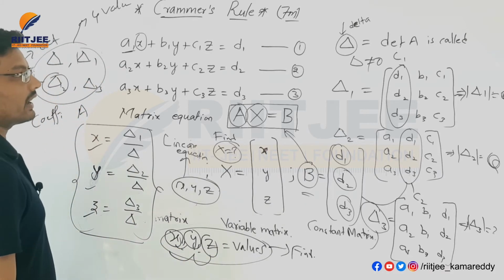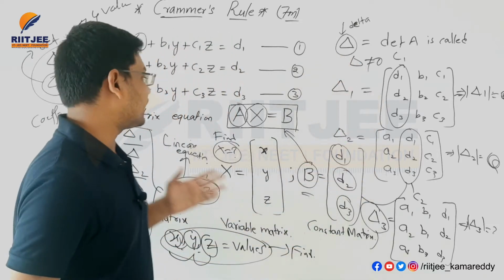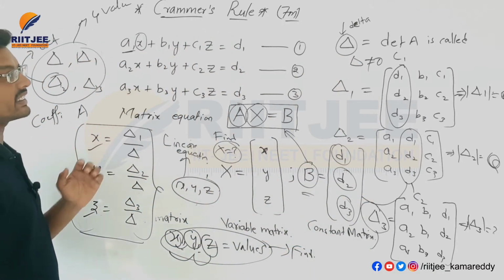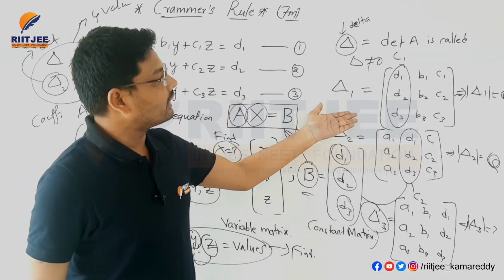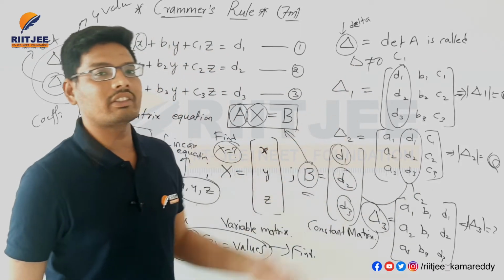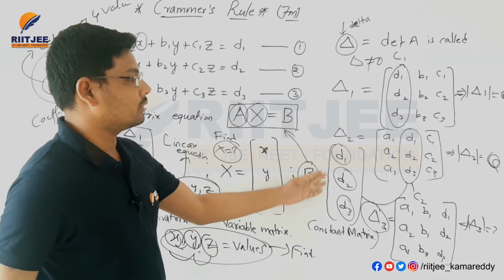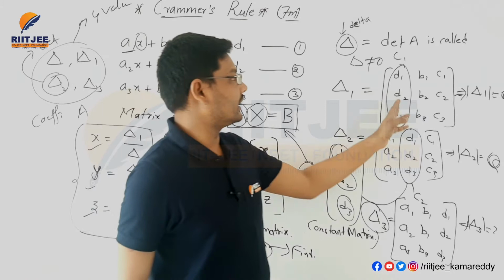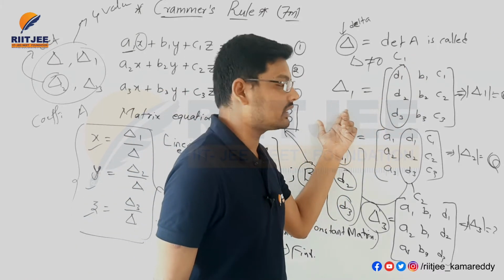To find the x, y, z values, we need to find the delta value first. Delta is nothing but the determinant of the coefficient matrix A. Then we need to find the delta 1 value. Delta 1 is obtained by replacing C1 of A with the constant matrix B, D1, D2, D3, which gives the delta 1 matrix.